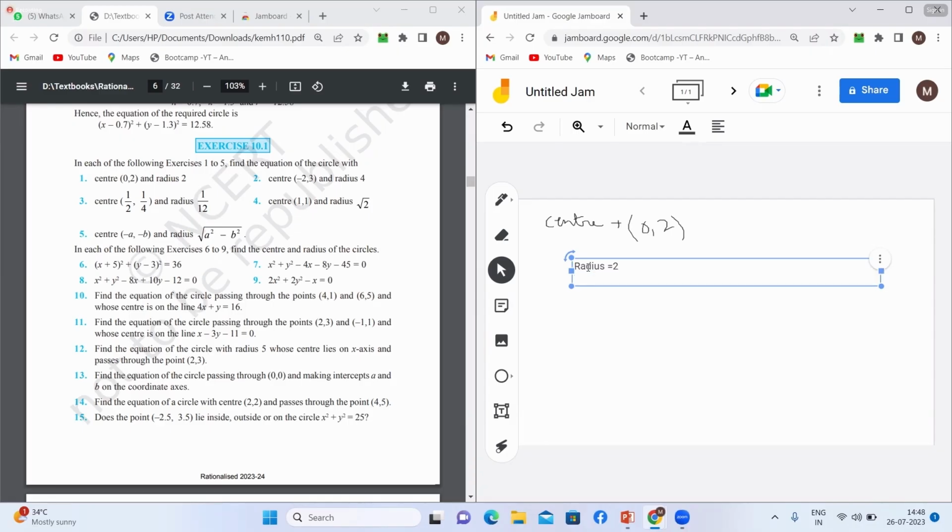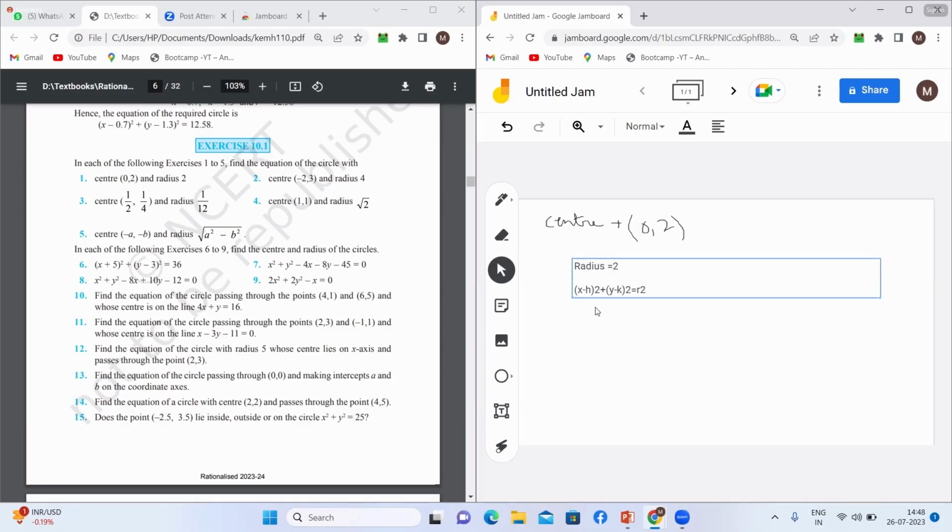We know the general form of the equation of the circle. What is the general form? It is (x minus h) square plus (y minus k) square equal to r square. This is the general form of the equation of the circle. Everybody must be knowing this.